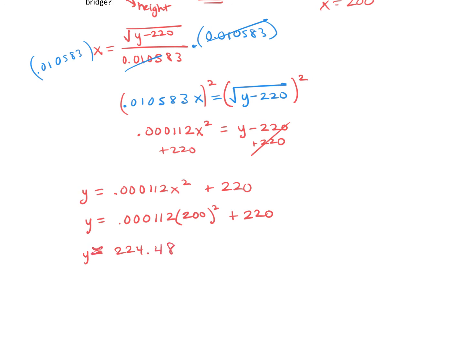So we're going to say y, which is the distance the cable is from the roadway, is 224.48 feet. So just to recap, when we are 200 feet from the middle of the bridge, the cable is 224.48 feet above the bridge.